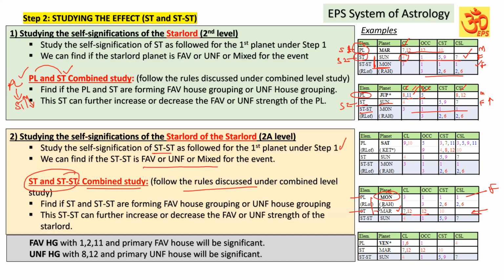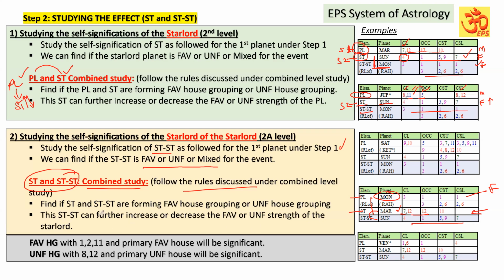Now, Starlord and Starlord of the Starlord, unfavorable significations of the planet, that is Starlord planet, is not further reduced by the unfavorable houses. Rather, unfavorable strength is reduced by the Starlord of the Starlord.